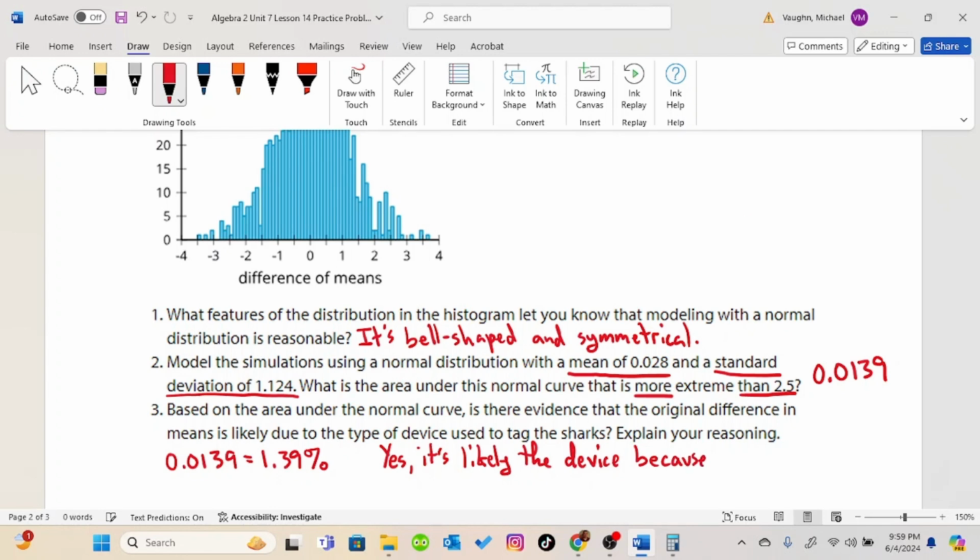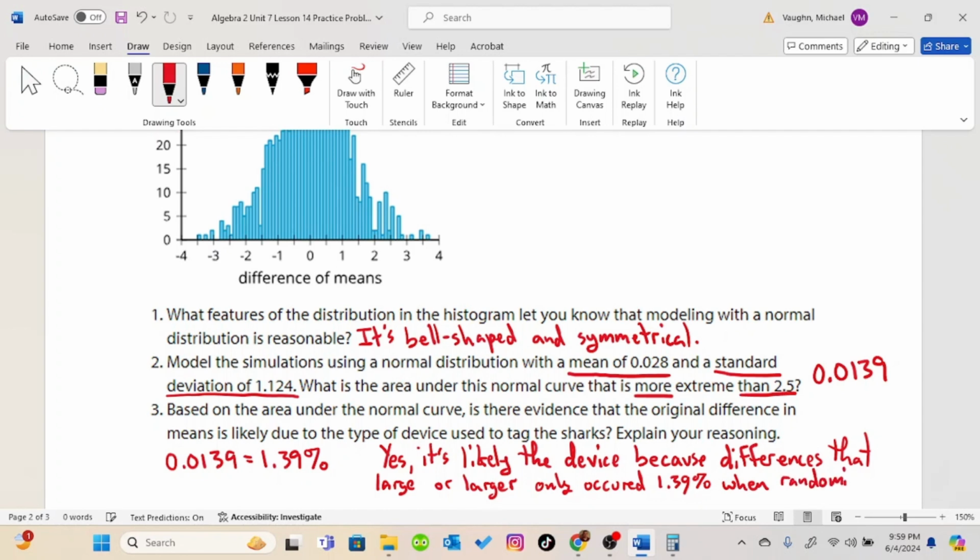because differences that large or larger only occurred 1.39% when randomized.